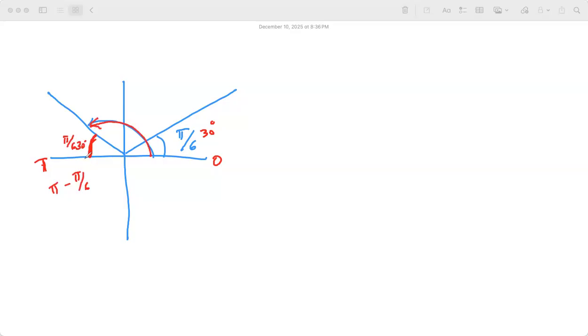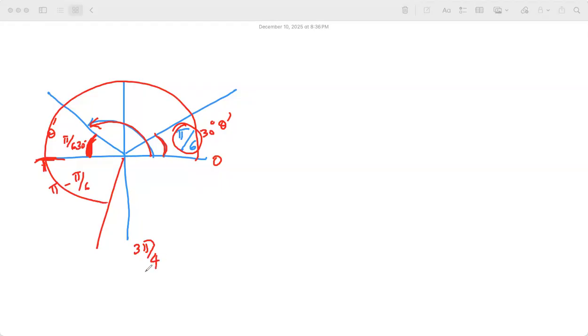Does that make sense? Meaning this angle that you're having, this is pi by 6. You can subtract that pi by 6 from pi to find out your angle. So let's call this theta dash. Let's say how to find out this angle.